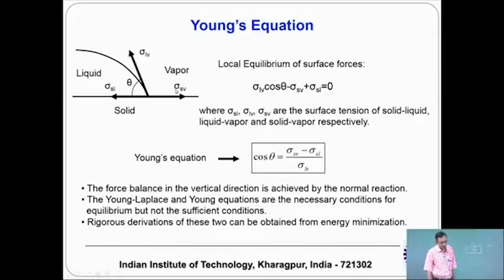Similarly, for solid vapor it is sigma SV, and for liquid vapor it is sigma LV, and the angle between these two is defined as the contact angle theta. For equilibrium the forces must be balanced in the horizontal direction, otherwise equilibrium is disturbed. So, you can write sigma LV cos theta plus sigma SL minus sigma SV equal to 0. It is a simple force balance equation, and that will give you Young's equation, cos theta in terms of the surface tension coefficients.